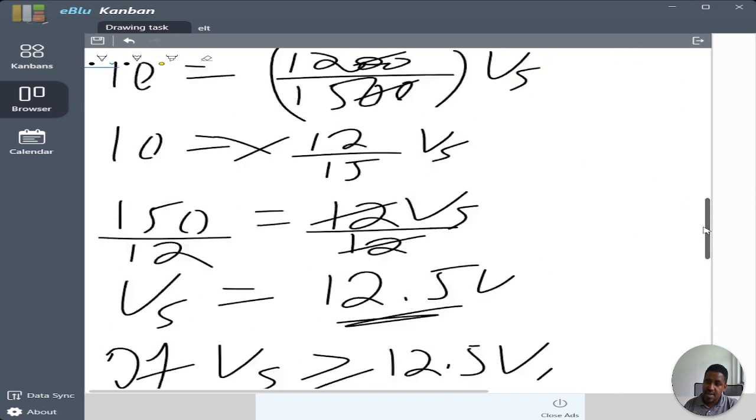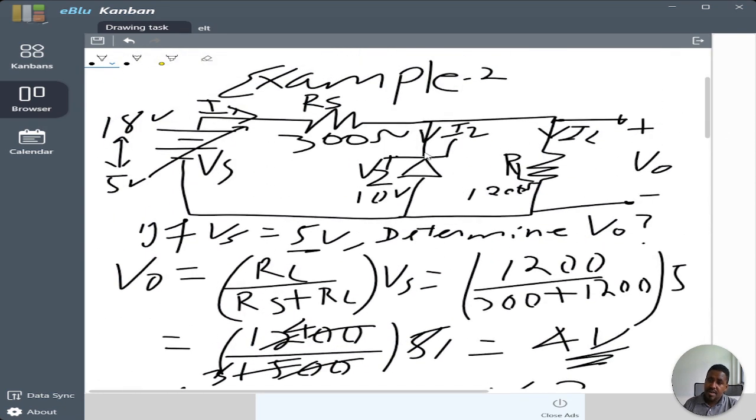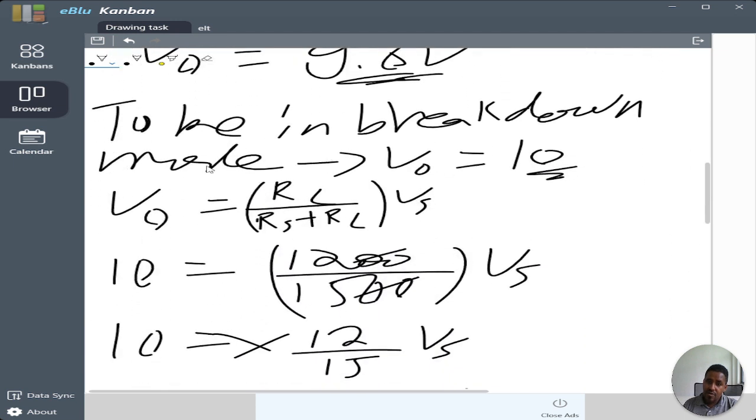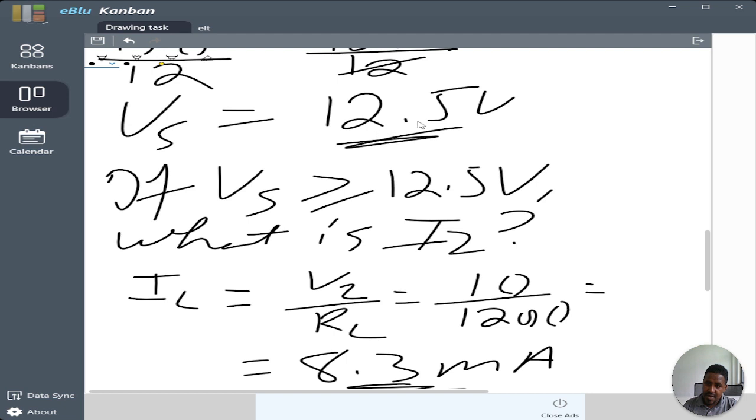So by this method, we can get Iz and IL. In the breakdown mode, when V out is 10 volt, our Vs becomes 12.5. So that is the breakdown of the Zener diode. To determine Iz, first you get IL.